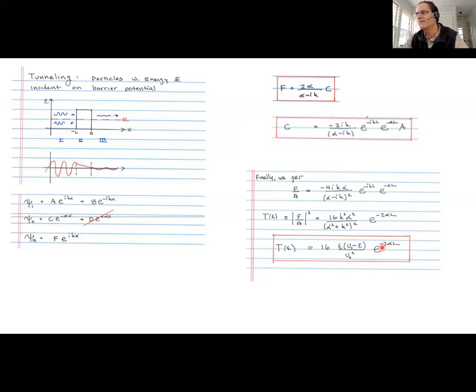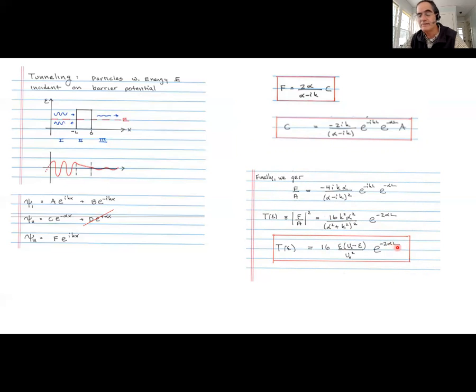Times e to the minus 2 alpha L, all right? Just to sum up, the transmission probability is equal to a number, 16, times this quantity, which is typically a number on the order of 1, okay? Times e to the minus 2 alpha L, an exponential factor.